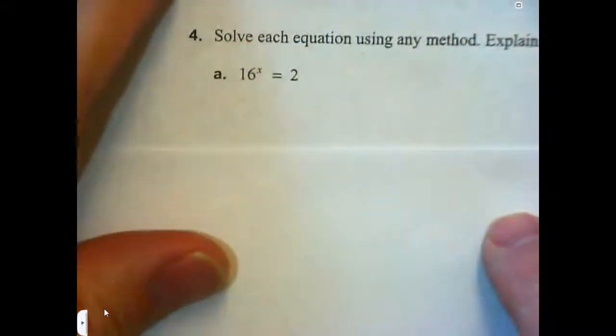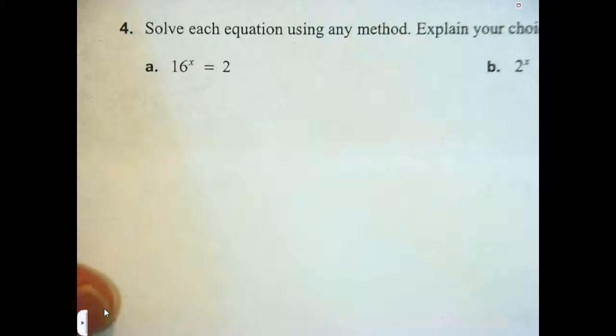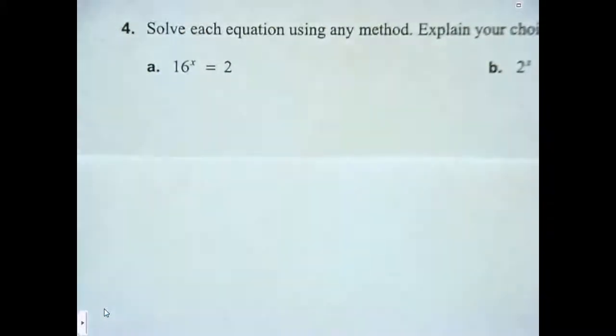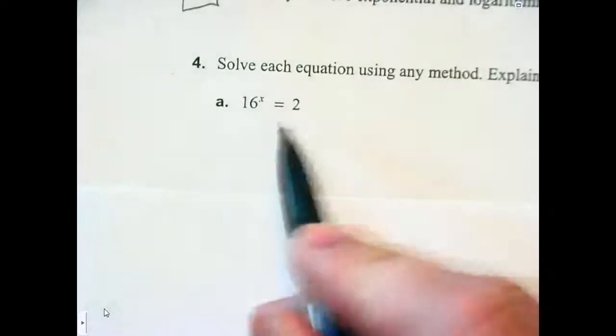All right, so you're doing letter A, and please make sure that the only logs that you use are the common log and the natural log. Those are the only ones you'll have access to when you're doing your quiz or test. Okay, so first thing to do on this one, use properties.